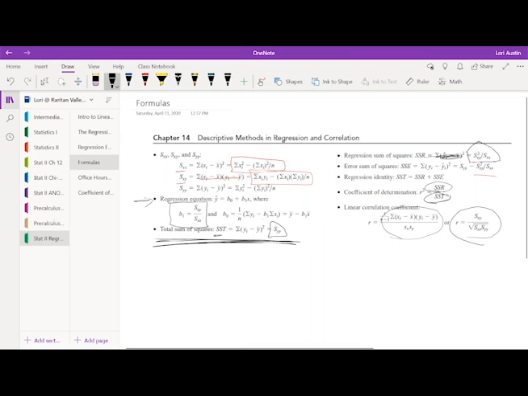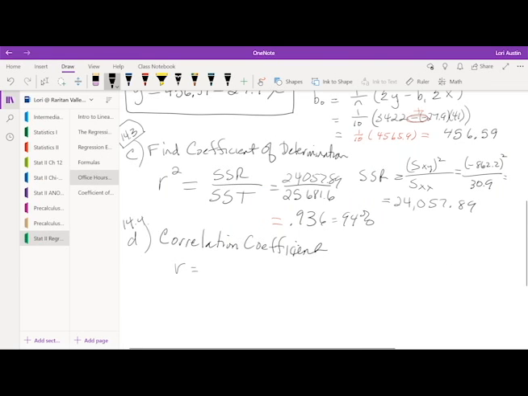But there's also another thing, but we've got to be careful with this one. Obviously, R is the square root of R squared. That makes sense, right? But if you just state, well, since R is the square root of R squared, and R squared was 0.936, you take the square root of 0.936.